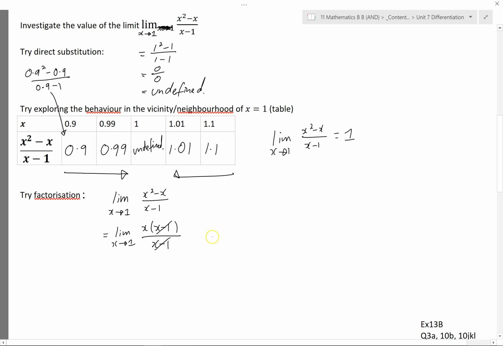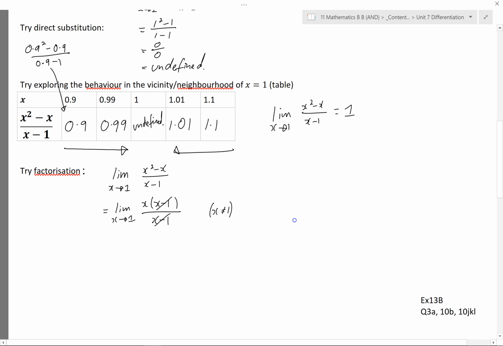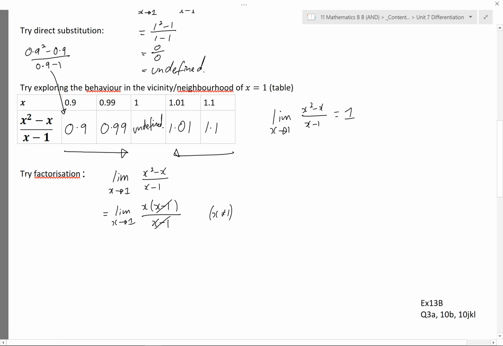I just need to be careful that x doesn't actually equal 1. Otherwise, I wouldn't be able to do that cancellation because I'd be dividing by 0. So generally when we're doing these factorizations and cancelling, we need to note that x never actually equals 1.